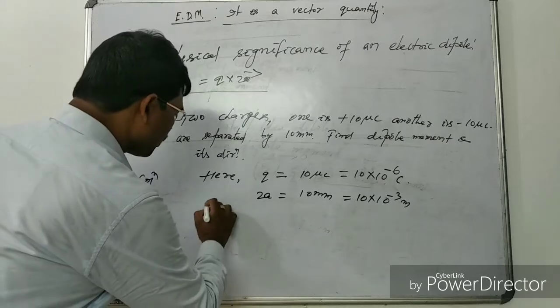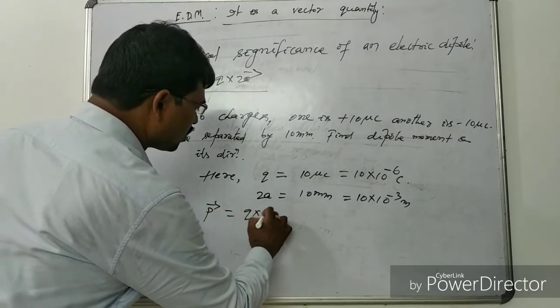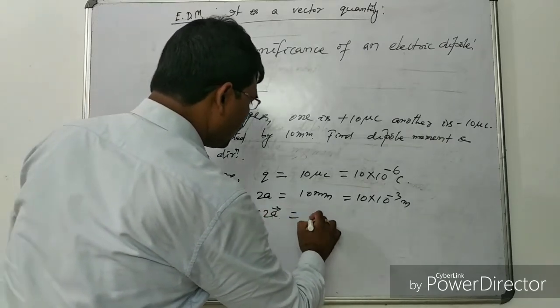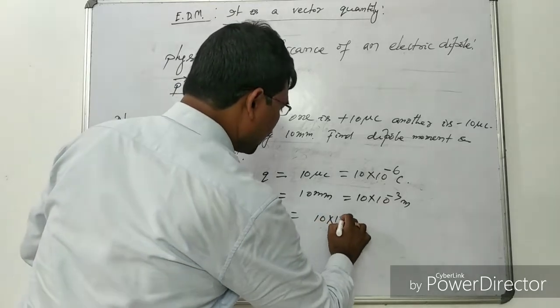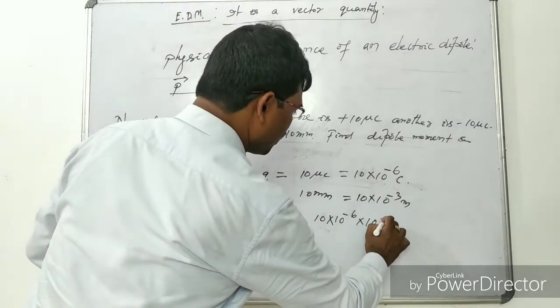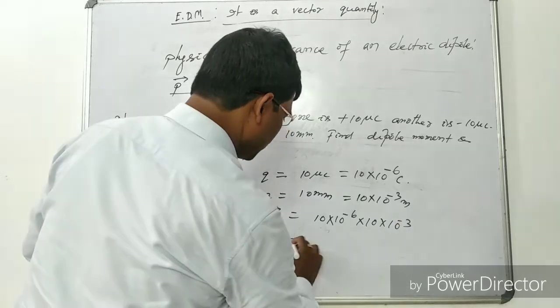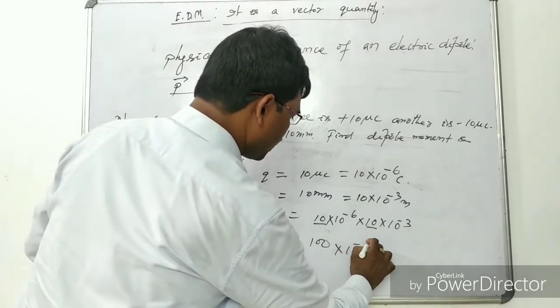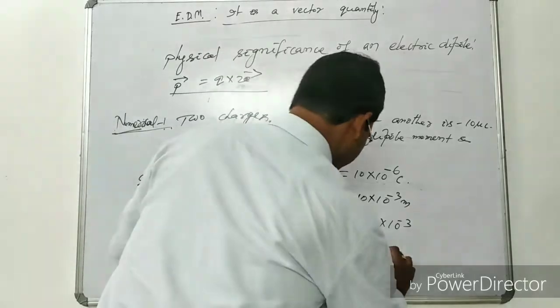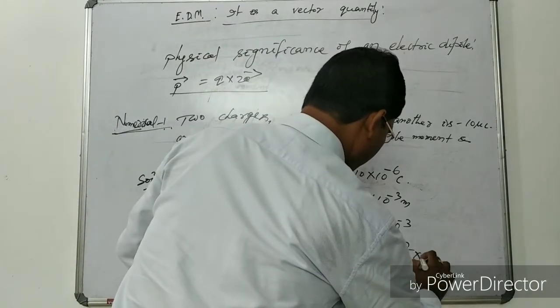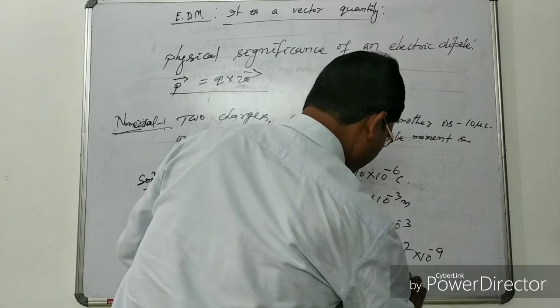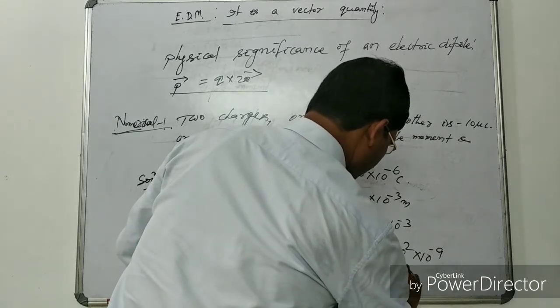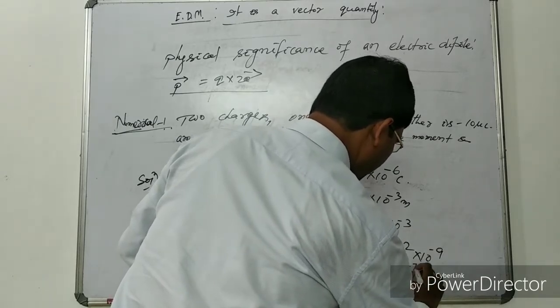So dipole moment P is equal to how much? Easily you just calculate this one. So 10 into 10 to the minus 6 into 10 into 10 to the minus 3. So it is 100, then it is 10 to the minus 9. So it becomes 10 square into 10 to the minus 9, so that means 10 to the power minus 7.